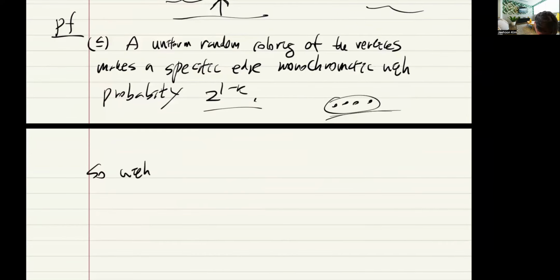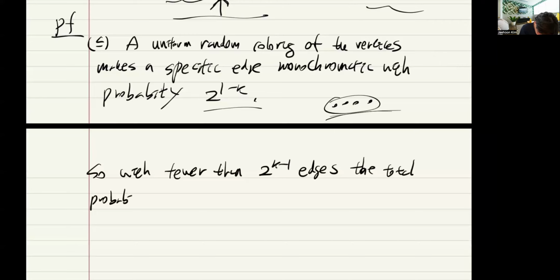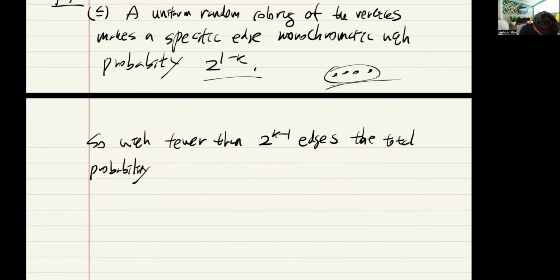So with fewer than 2 to the k minus 1 edges, the total probability, you take the union bound. Those events may not be independent, but for the union bound it doesn't matter.